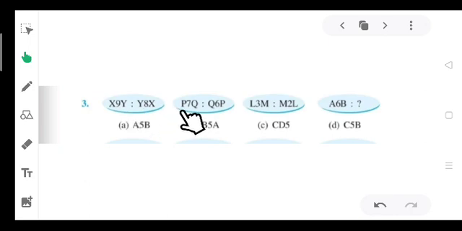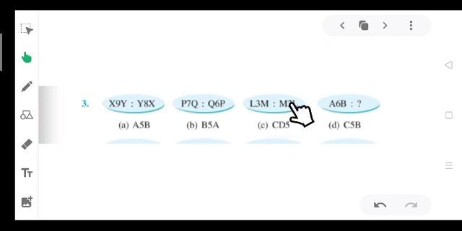So we can write next: P, then next letter Q. 7, before number 6. Q, what comes before this? P. L, next letter M. 3, its before number 2. M, its before letter L. What comes before M? L, that we have to write.